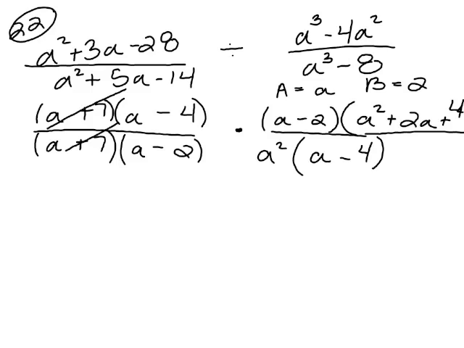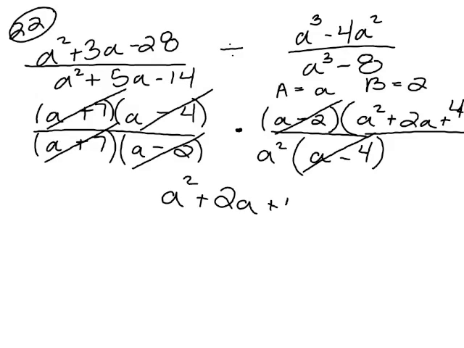A plus 7s cancel, very good. A minus 4s, okay. A minus 2, a minus 2. What do we have left? We have a squared plus 2a plus 4 left on top over a squared.